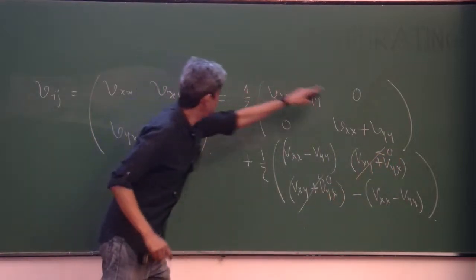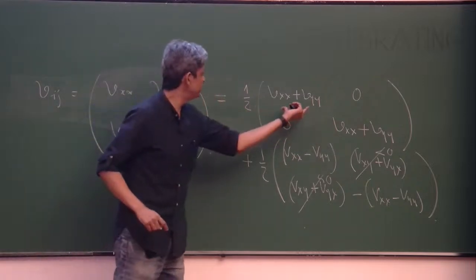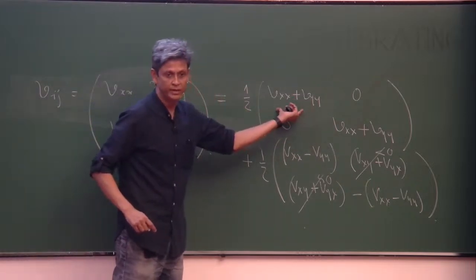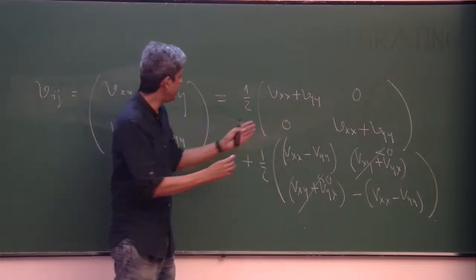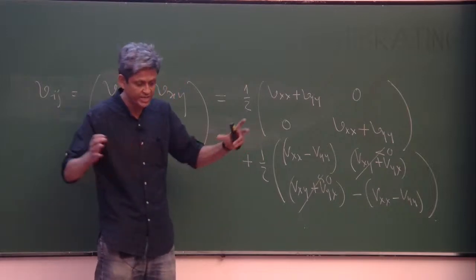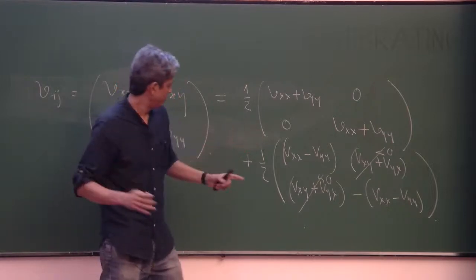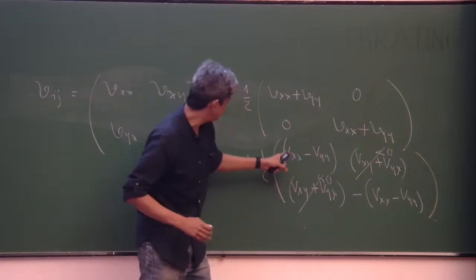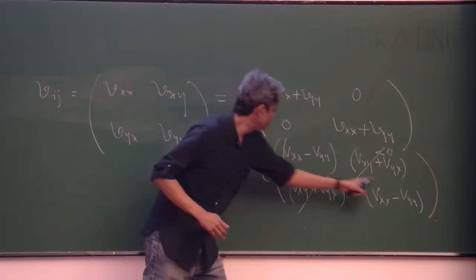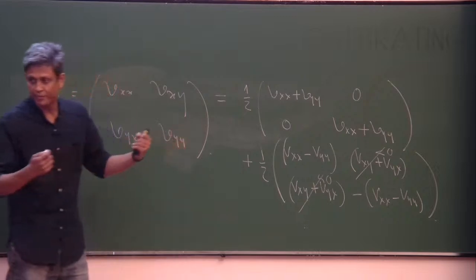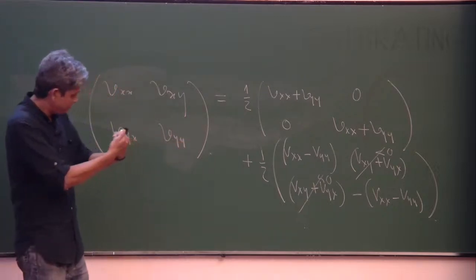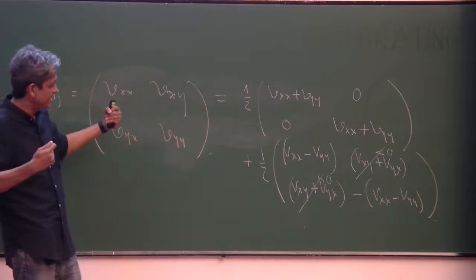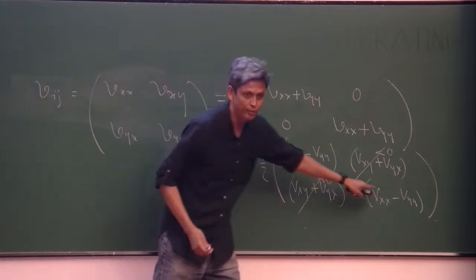So this first matrix, you see, this is the divergence of a velocity field, right? And any divergence gives you a change in the area. Whereas this one, Vxx minus Vyy, you see this matrix, this is traceless. So this gives you any kind of anisotropic deformation. If you have a deformation in the x direction, it will account for an equal deformation in the y direction.